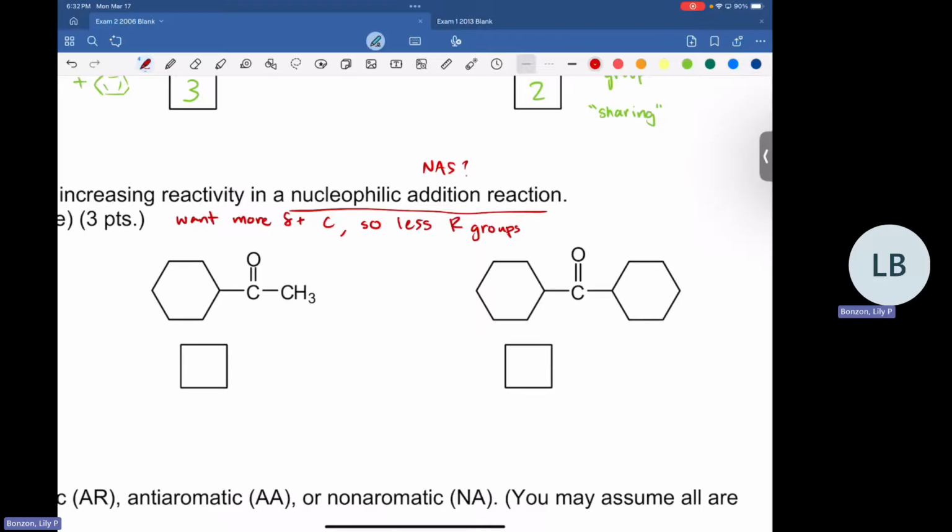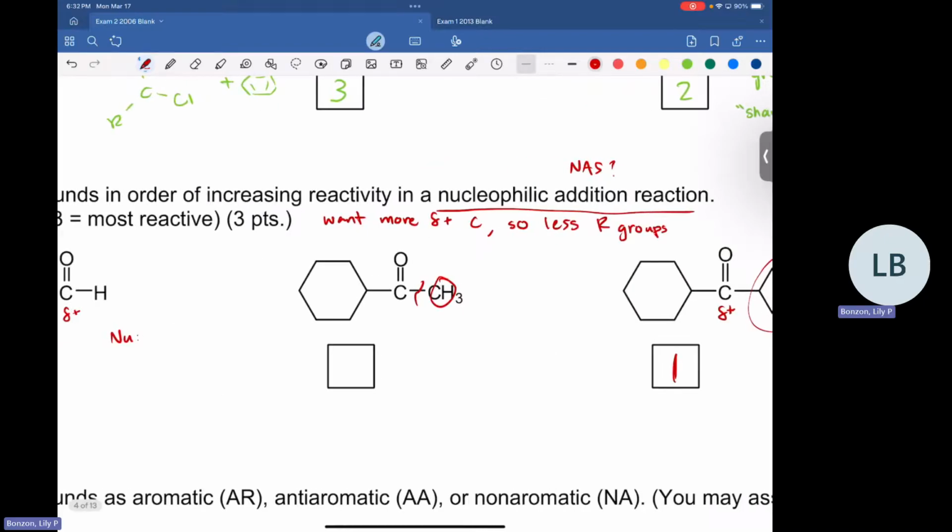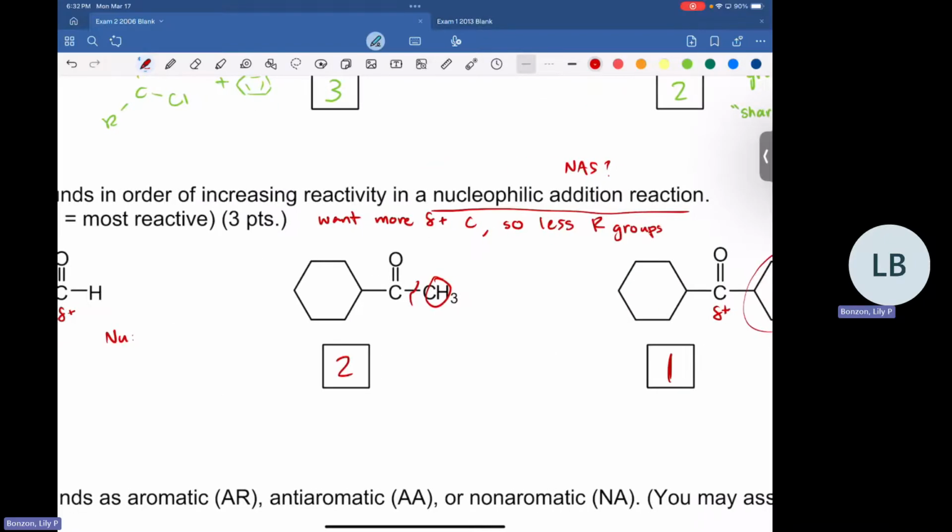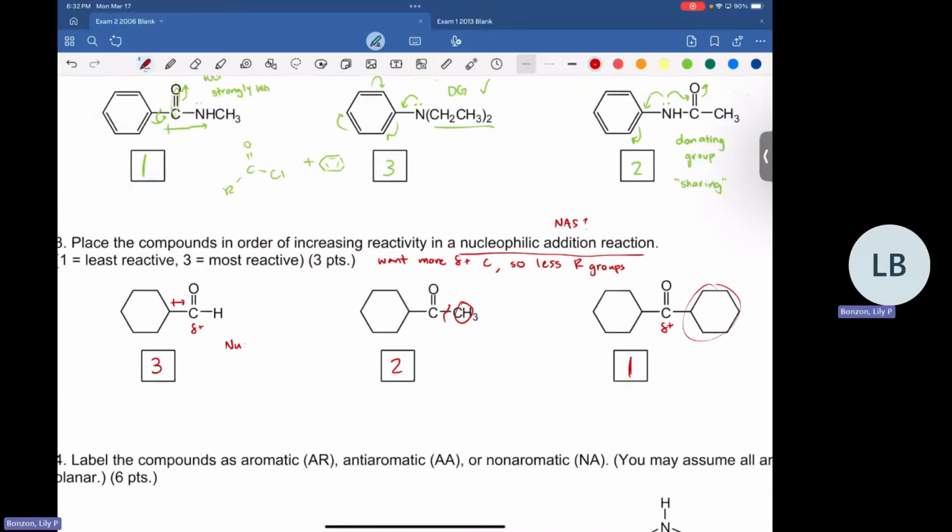Since we're looking at the difference between this side and this side, a cyclohexyl group will be donating more electrons to that partially positive carbon. It'd make this more neutral, and we don't want neutral, we want positive. So this one is going to be our least reactive. And then the one in the middle is just in the middle, so it'd be our number 2.